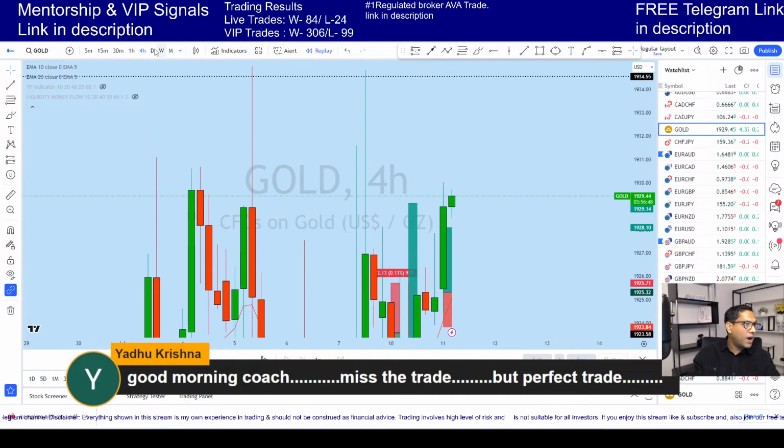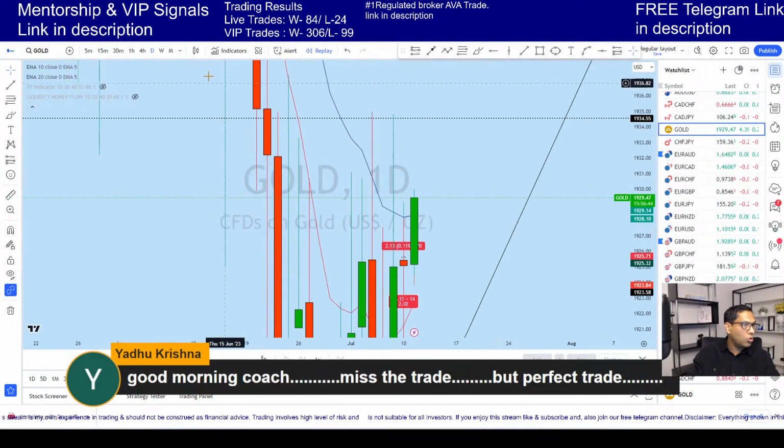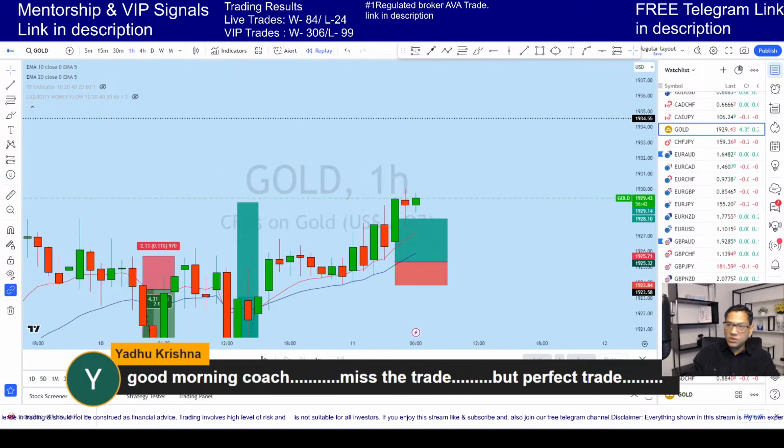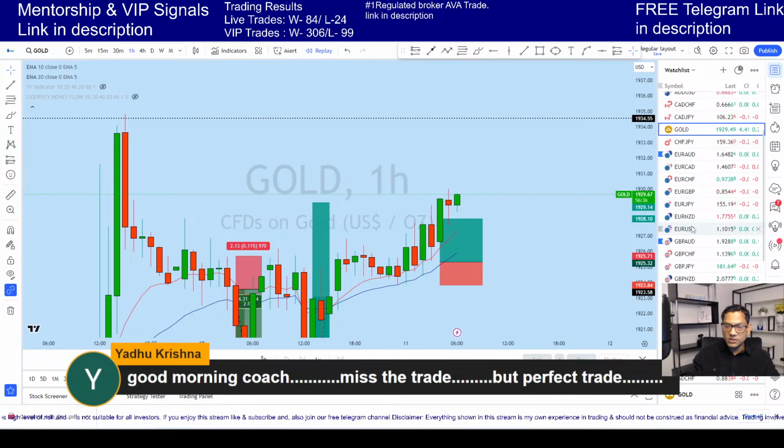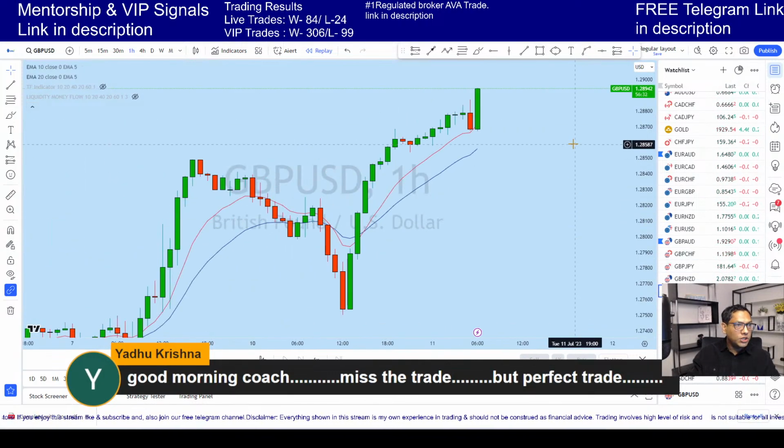I think gold might be heading to the upside further. So we might see gold going to this resistance line. Let me see how this news is impacting, and then we'll look for an entry opportunity.